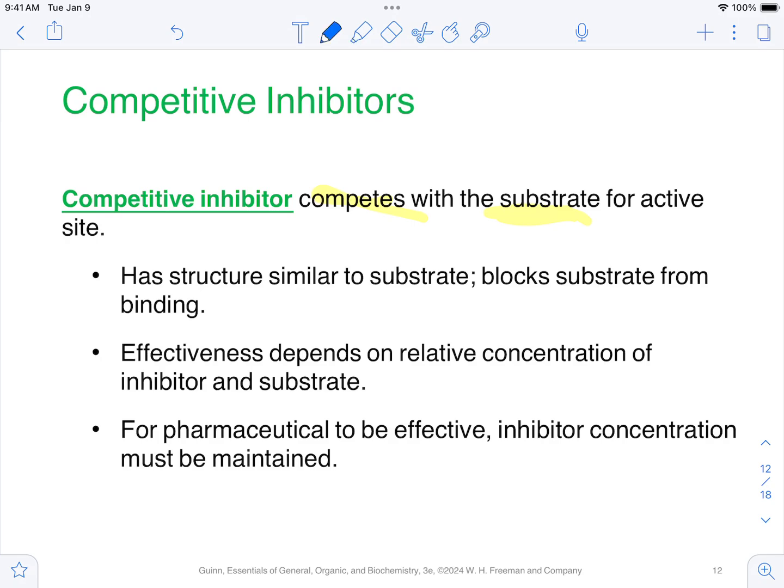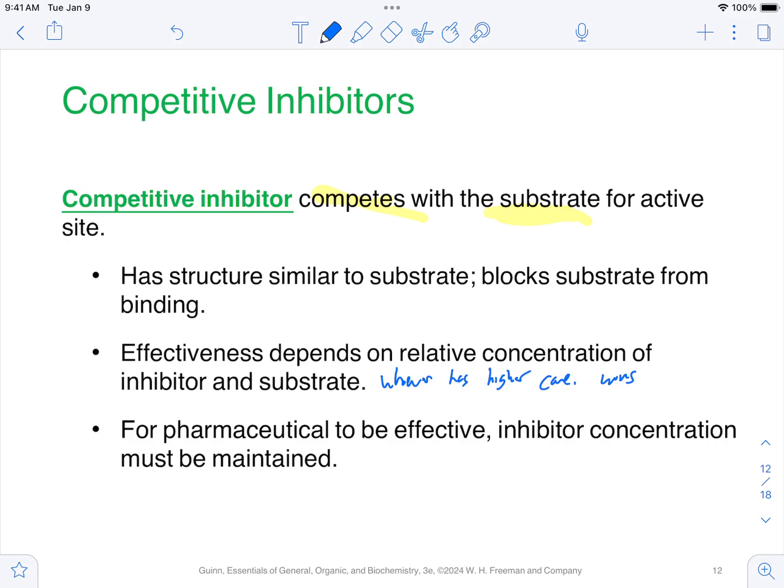Whoever has the higher concentration wins. So if the inhibitor's concentration is higher, that's going to go in the enzyme. If the substrate has a higher concentration, that's going to go in the enzyme at the active site.